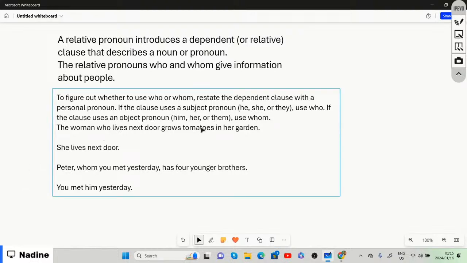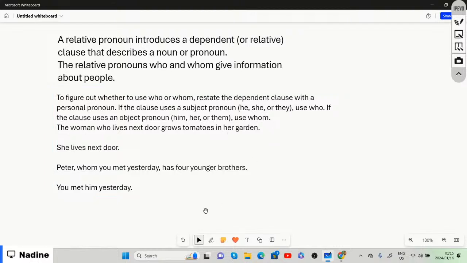For example, if the clause uses a subject pronoun, for example, he, she, or they, then we need to use the word who.